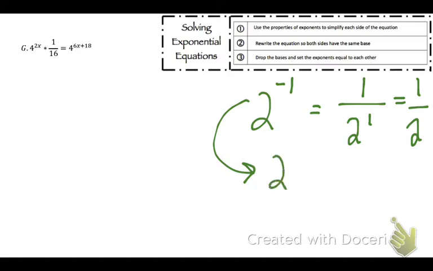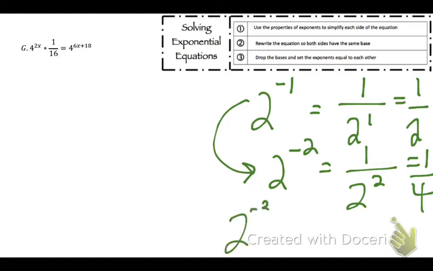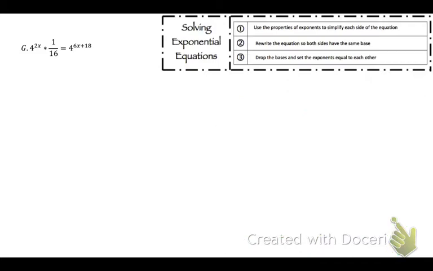Same thing with 2 to the negative second power. That's the same thing as 1 over 2 to the second power, which is 1/4. 2 to the negative third power is 1 over 2 cubed, which would be 1 over 8, and so on and so forth. That just keeps going that way.